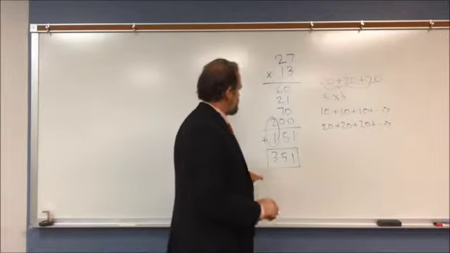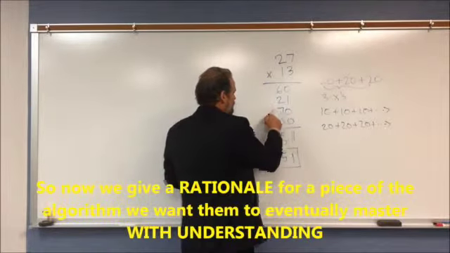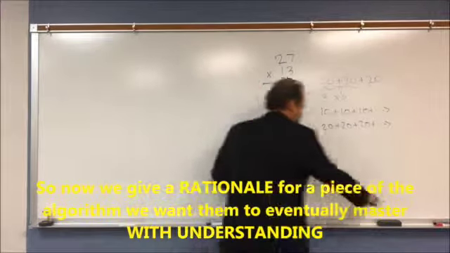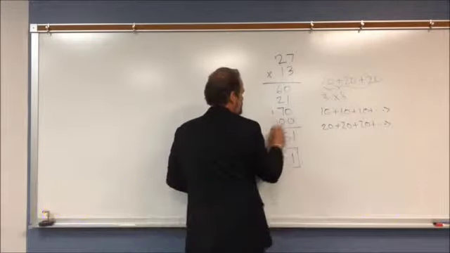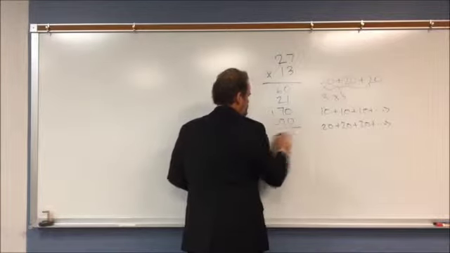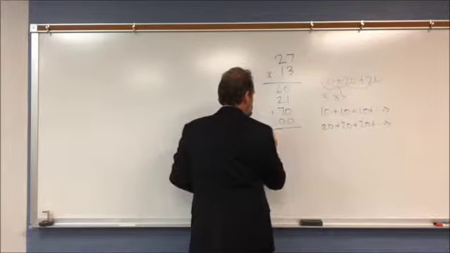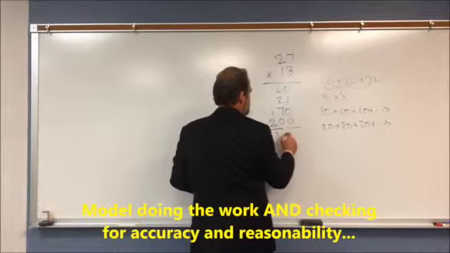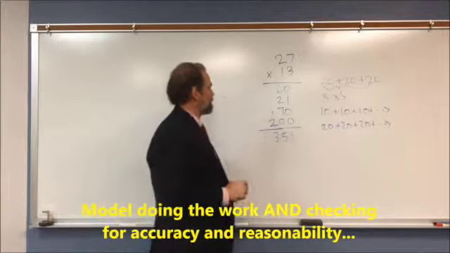So what I'm going to do is say carry the 1 so that I don't have this extra line here that might be confusing to some kids, okay? So that's 200, carry the 1 is 351, if I'm not mistaken.